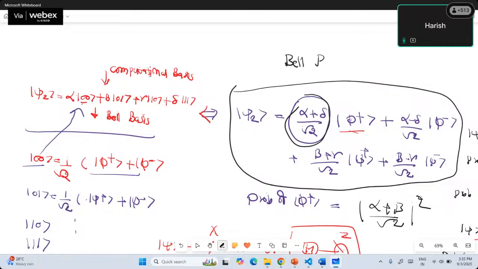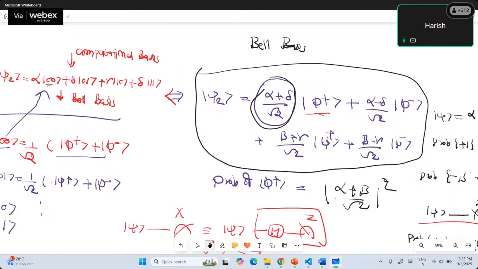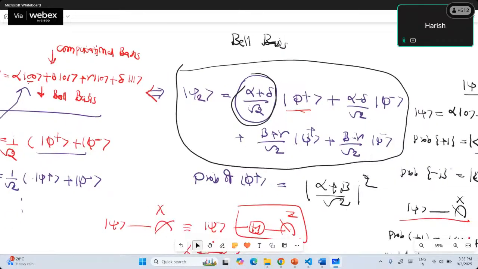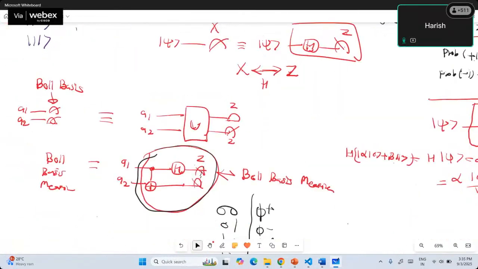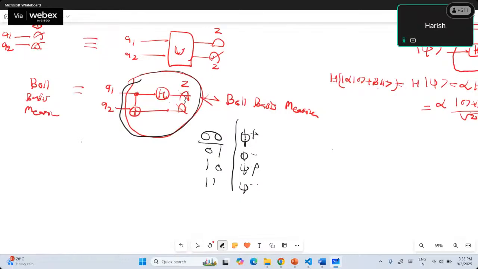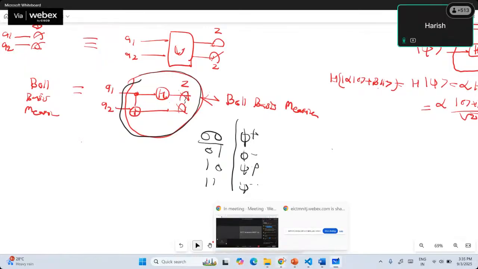And we wanted to measure the state psi in Bell basis. We achieved that by applying the CNOT and Hadamard operation on the two qubits and then doing the measurement in Z basis. We are claiming that this is nothing but Bell basis measurement, and if we get outcomes like 0, 0, then we know that its state was phi plus. The state phi plus has been measured and it is being used for a variety of applications in quantum teleportation and superdense coding. So let's quickly take the questions if there are any.